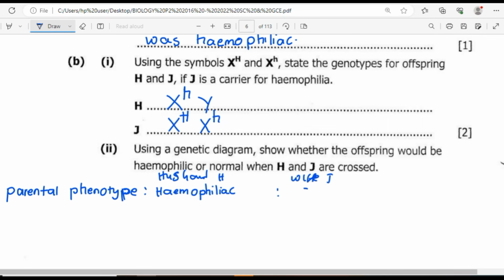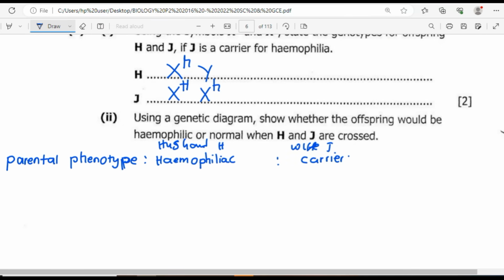Then the wife, carrier. Then let's look at the parental genotype. For the husband, we know it's this.